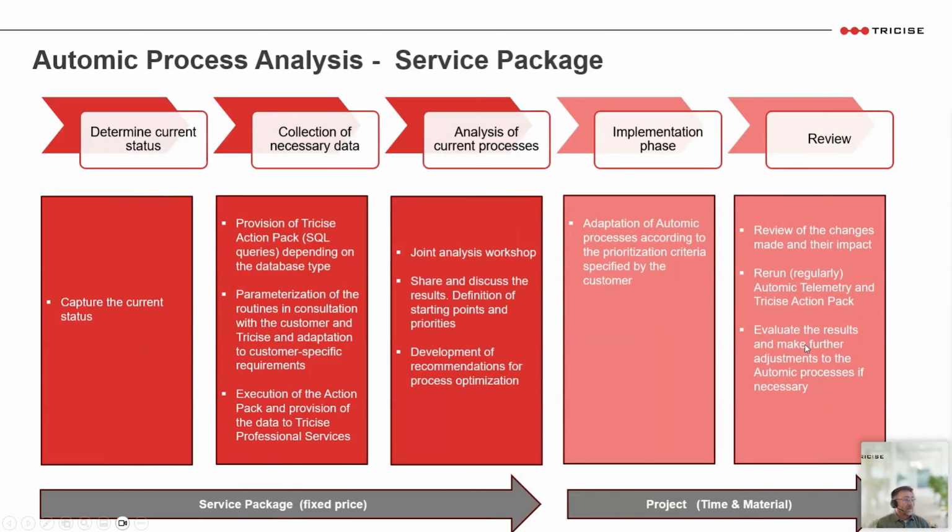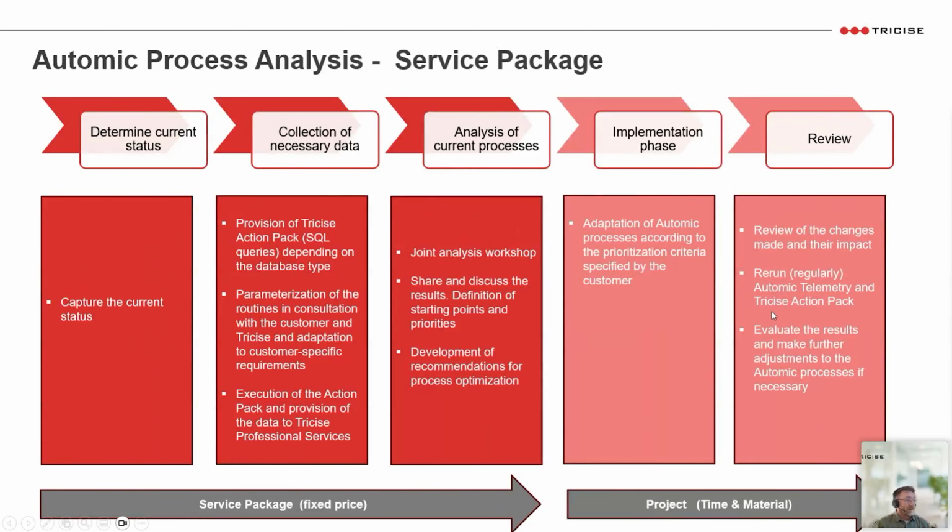What also makes sense is to review the results after 6 months or after 1 year. We'll run the optimization pack again and see, okay, the suggestions we made, has it worked? Or do we need to adjust something? Or is it all green now?